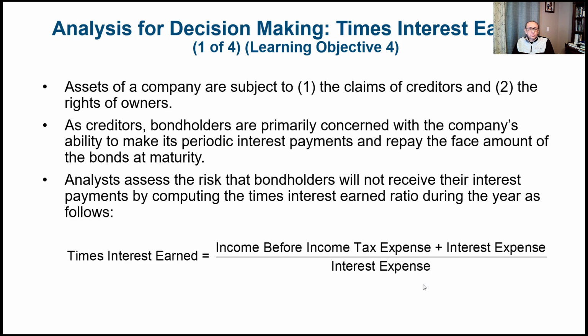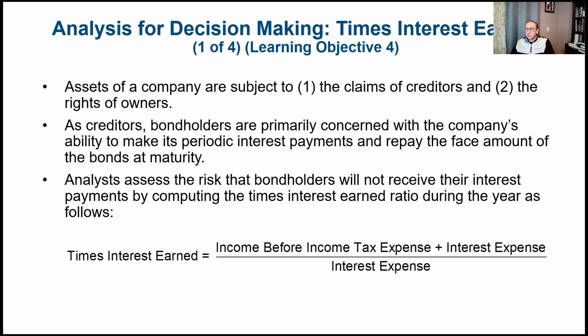So anyone who's interested in lending money would usually be interested to know the times interest earned. Or in other words, how much earnings they have that can cover the amount of interest expense per year. So analysts assess the risk that bondholders will not receive their interest payments by computing the times interest earned ratio during the year as follows.